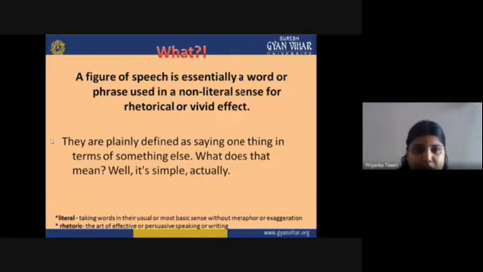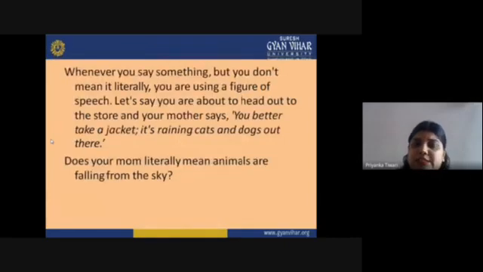Whenever you say something but you don't mean it literally, you are using a figure of speech. Let's say you are about to head out to the store and your mother says, you better take a jacket, it's raining cats and dogs out there. Does your mom literally mean animals are falling from the sky?